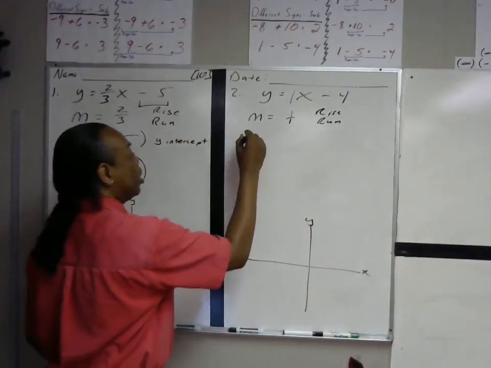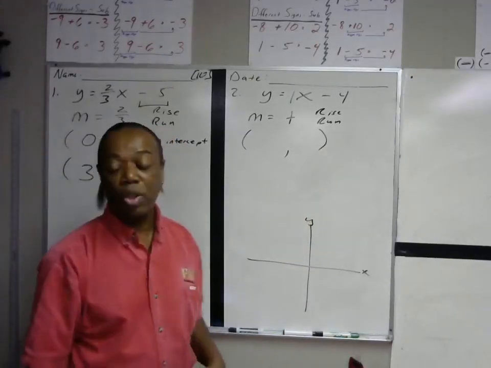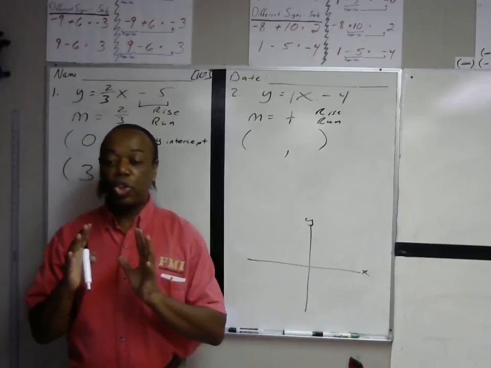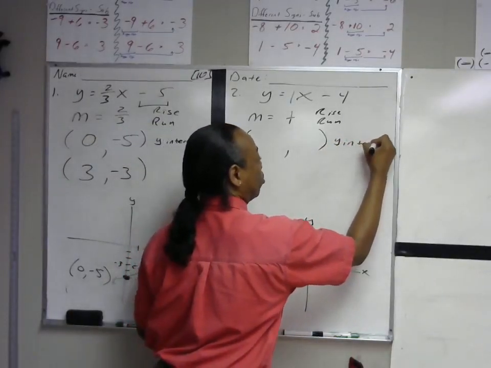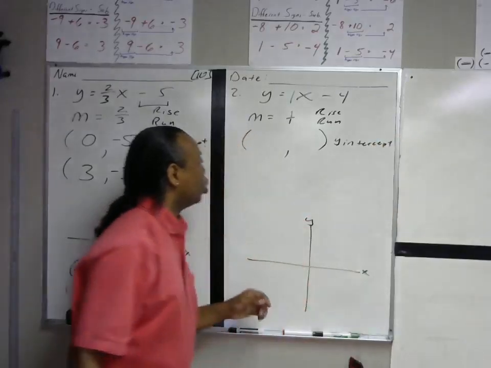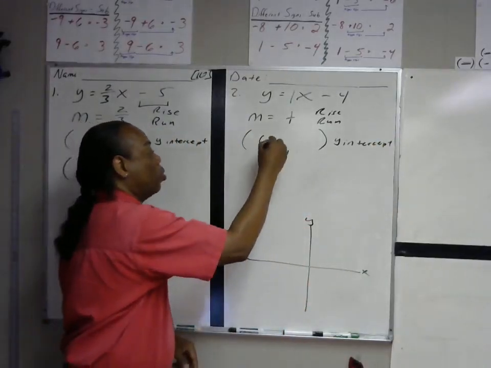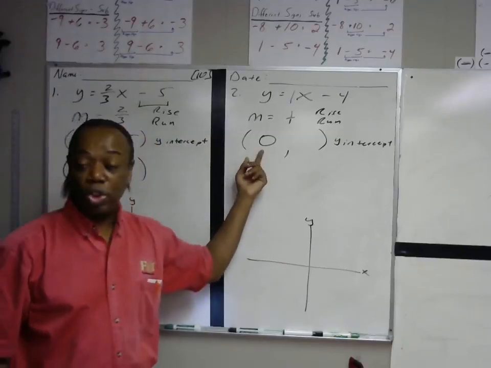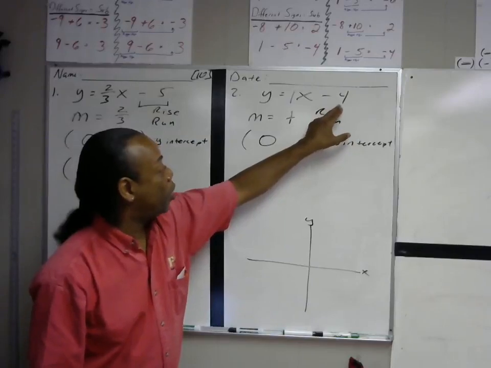Next, it's time for the Y-intercept. To create the Y-intercept, your left-right value is always going to be 0, which is your X value. And your Y value always comes from this number right here, the -4.